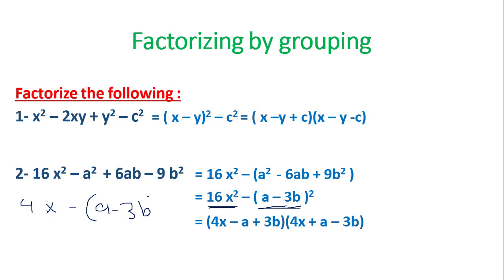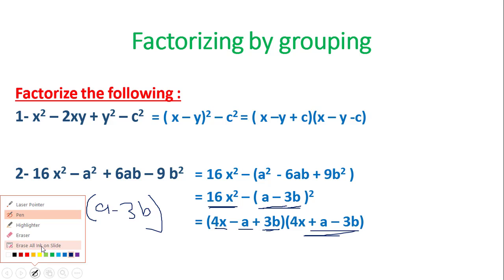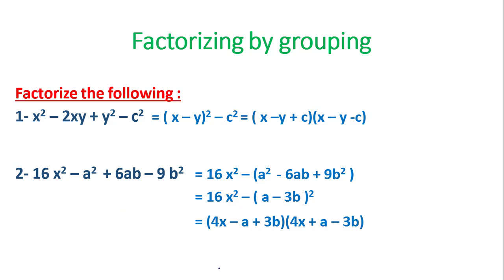The negative sign outside will change the sign inside, so it will be 4x minus a, and then negative by negative, the sign here will be changed into positive 3b. So this is the difference, and this is the summation. I hope you have understood. It's easy, but you need to pay attention to each step.